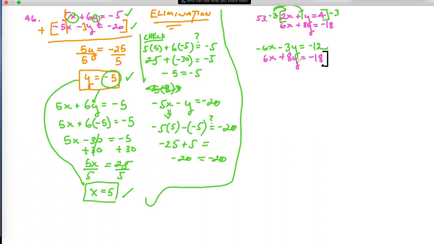And now I just add the two equations together. Because negative 6x and 6x is 0 when I add them. Negative 3y plus 8y is positive 5y. And then negative 12 plus negative 18 is negative 30.